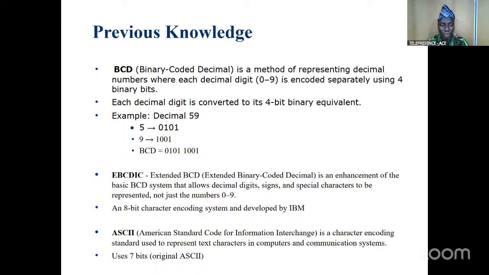An example has been done that was presented in the beginning of the class. The example that was given that is still presented on the screen is 59 to BCD code and extended BCD code.